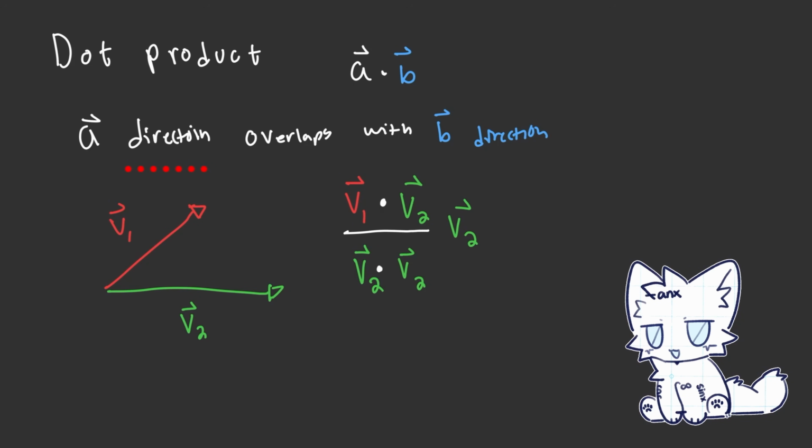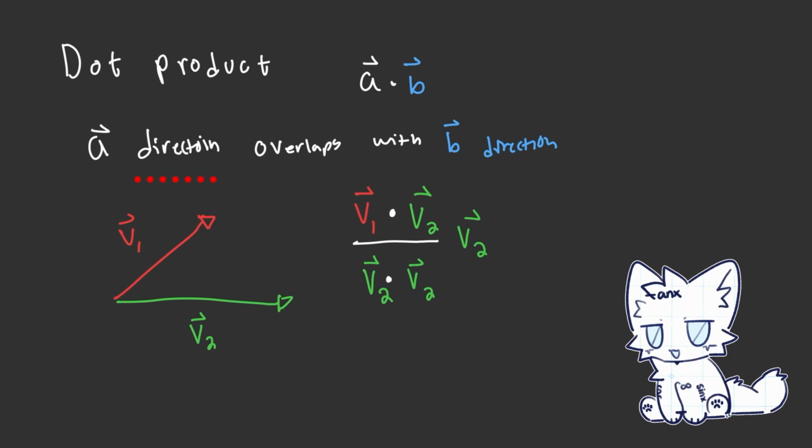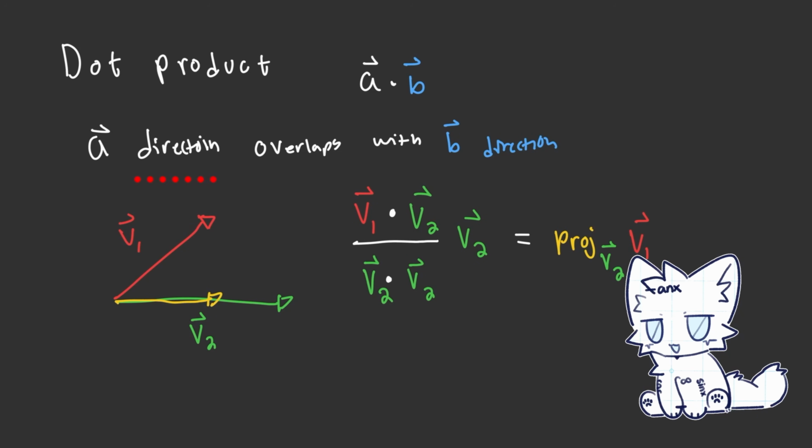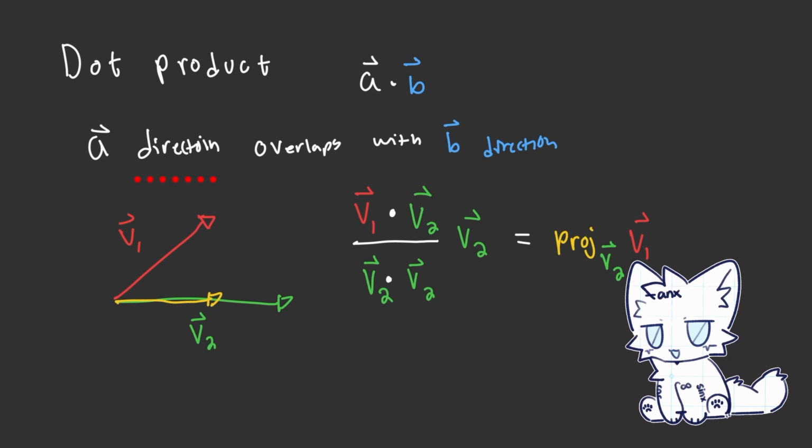And then, because the dot product results in a scalar, we multiply it back into the direction of V2 so that it lies on V2. And that will get us the projection onto V2 by V1. That makes sense? All right, let's move on to computing examples.